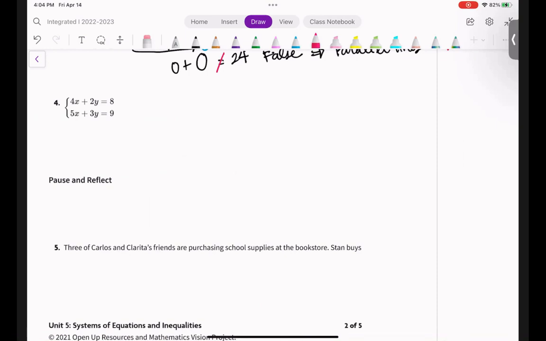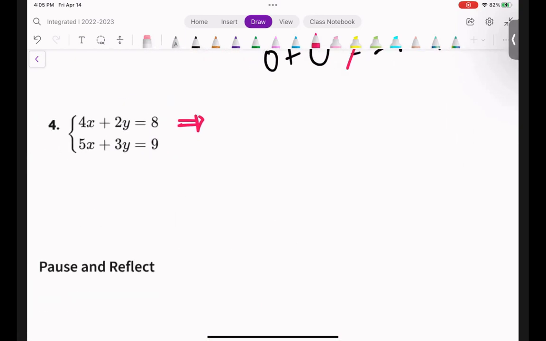Okay. So for this last one, I'm going to remind you how to use substitution, just because we've been in the land of elimination and I want to show you how to do substitution. So I'd probably solve the first equation for y. So I get 4x plus 2y equals 8. And I'm going to solve for y.